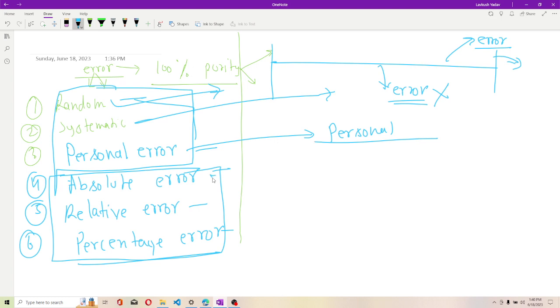Let's talk about the absolute error. So suppose you have measured this length, and how can you reduce the chances of error? Like if I would say, how can you improve your chances of success?